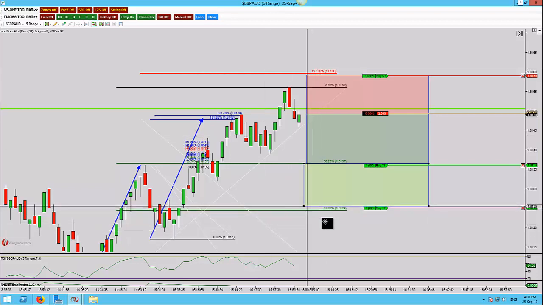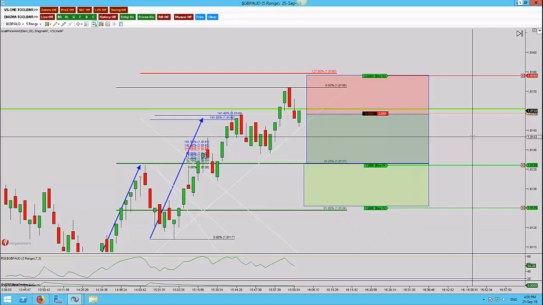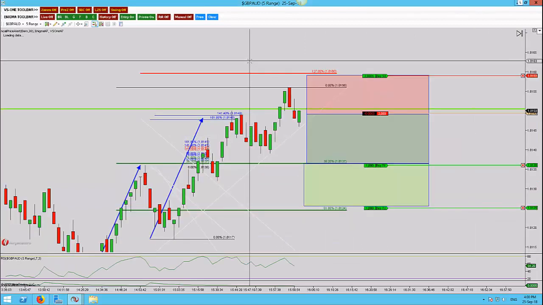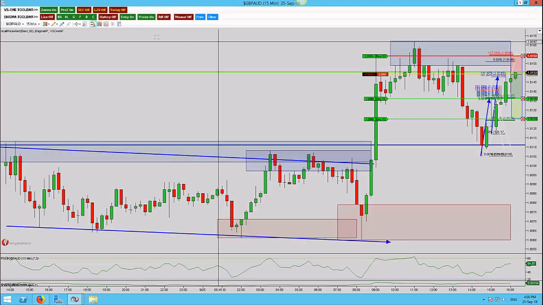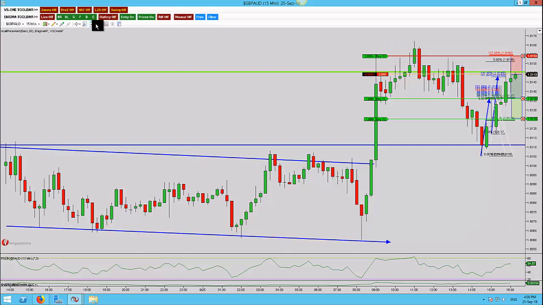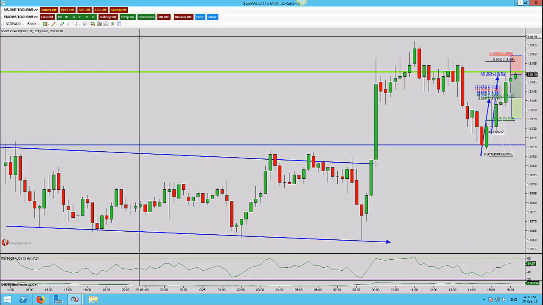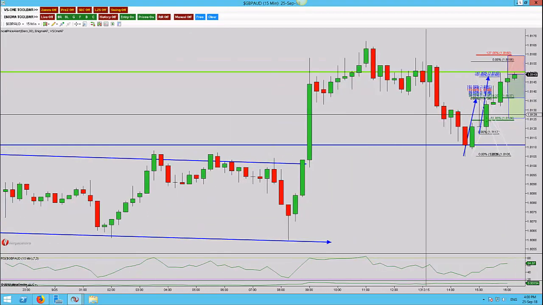I think what I'll do is just go out to the higher time frame, 15 minute here. Just remove these orders, yeah, and the VS1 levels. Let's zoom in.